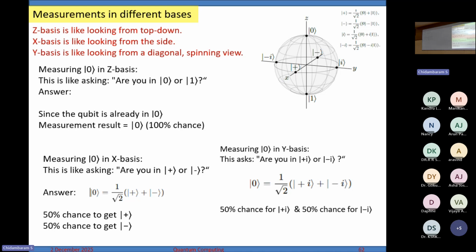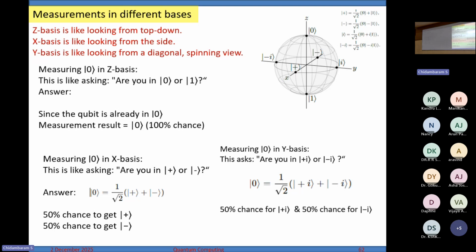You see this bottle, when you see it like this, it is different. When you see it like this, it is different. Your bottle is the same. The basis in which you are seeing the bottle is changing. Sorry, changing the basis. Measurement change.